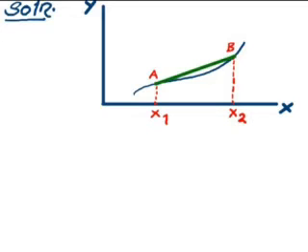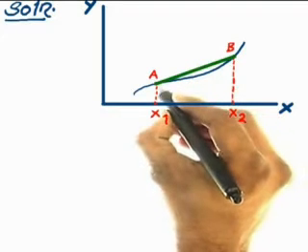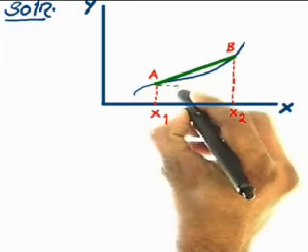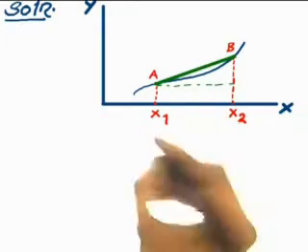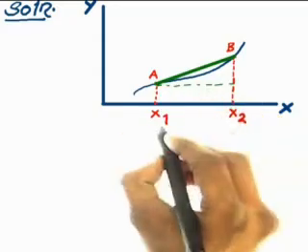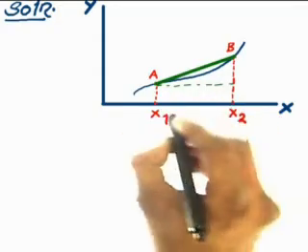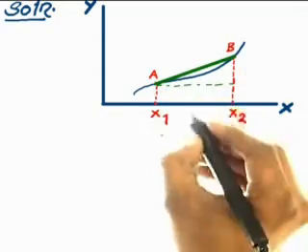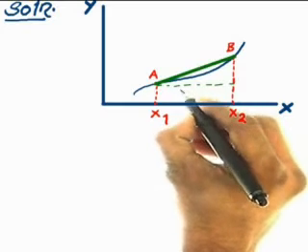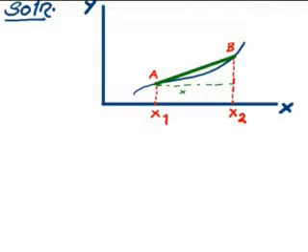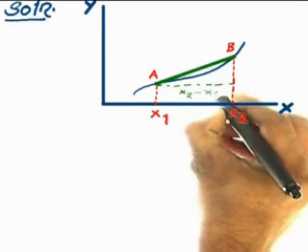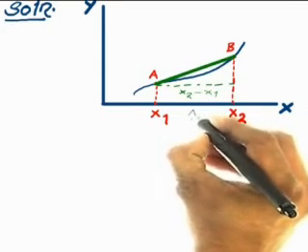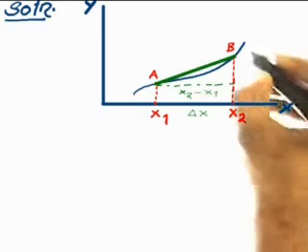Here we can get this displacement AB by using Pythagoras theorem, because we may easily conclude that the x coordinates distance between these two positions we can write as x2 minus x1. We may call it delta x.